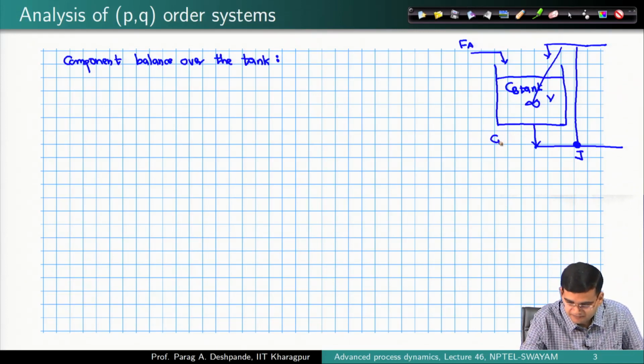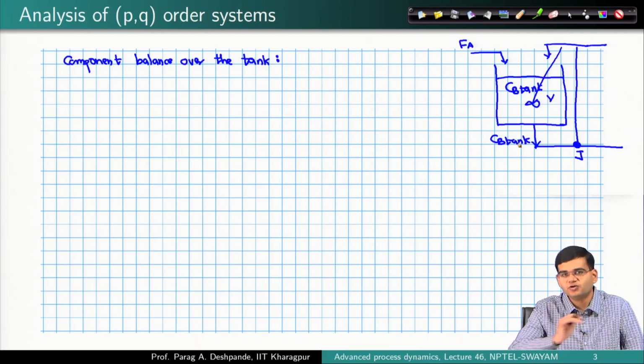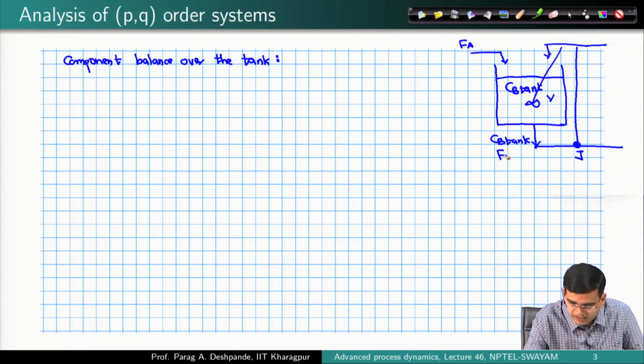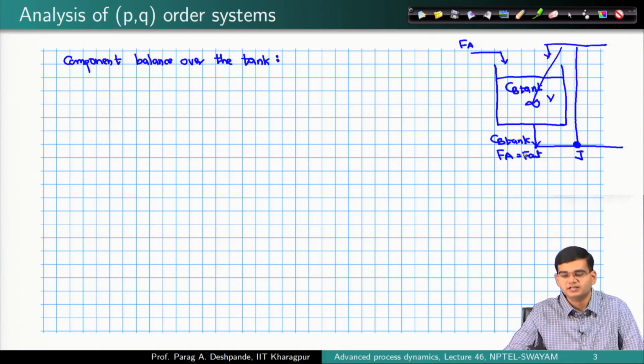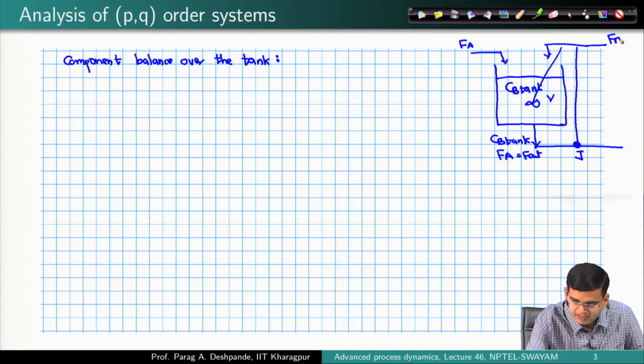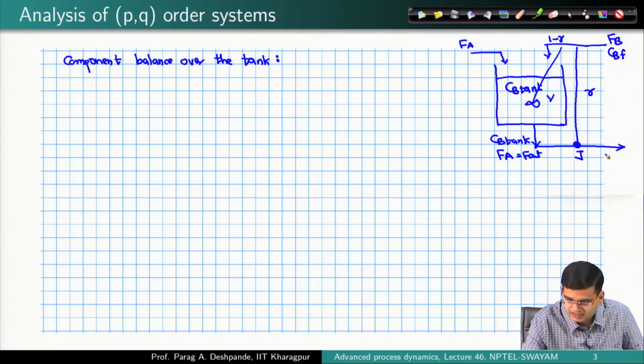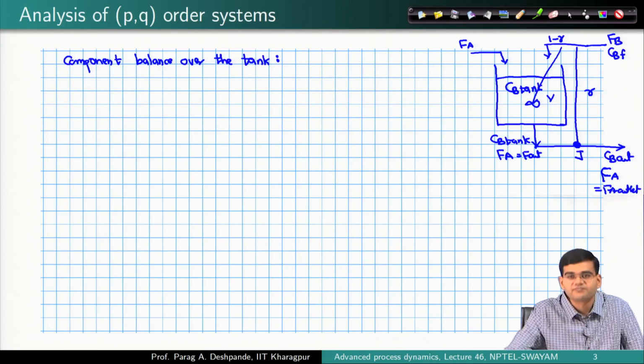This would be simply C B tank, right. What would be the flow rate from the overall mass balance? I have established that this would be equal to F A, which is equal to F out, right. Now, I have F B C B feed, this is R, this is 1 minus R, and this is C B out, and this is F A, which is equal to F A outlet. This is also I established.